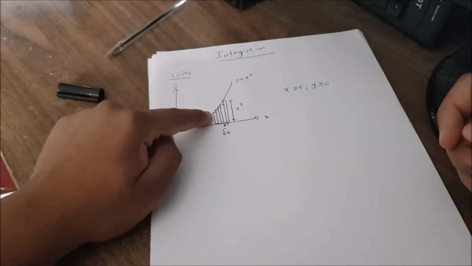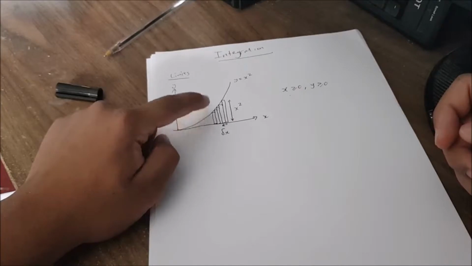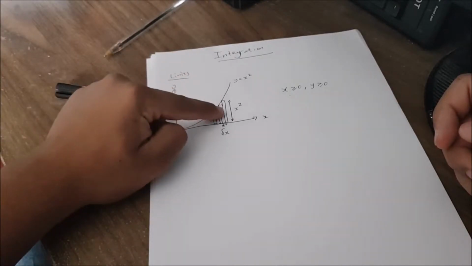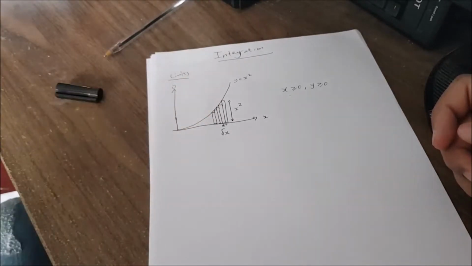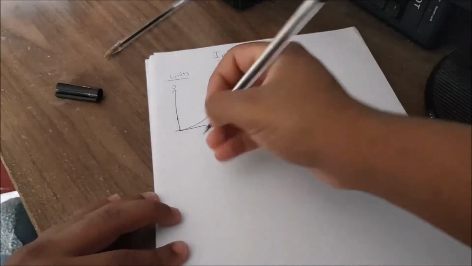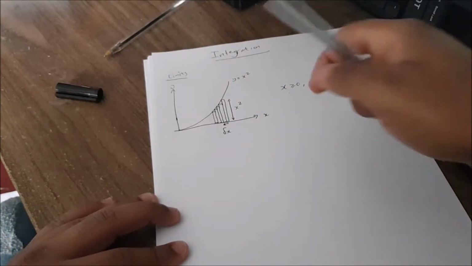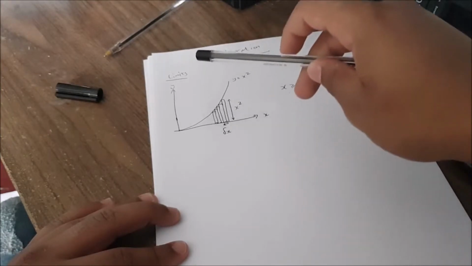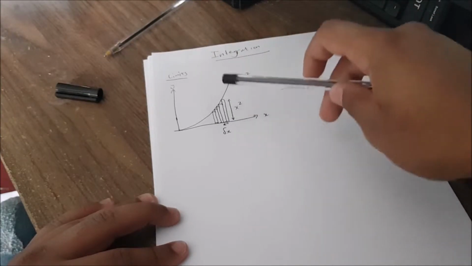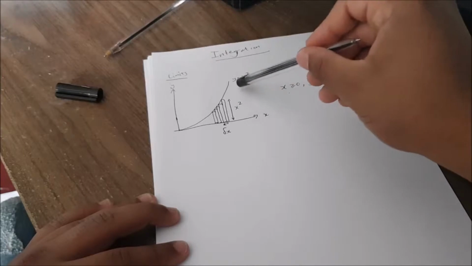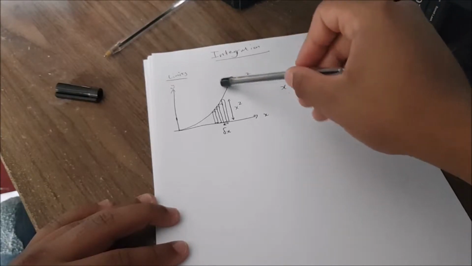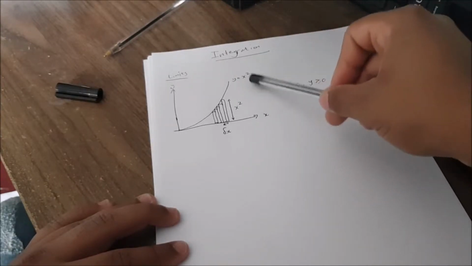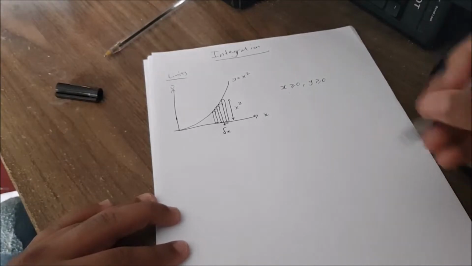So the small rectangle has a height of x squared, and so does the tall one. Now we can label this as a series, so we can sum the area of each rectangle to get an approximate answer to what is the area underneath x squared.